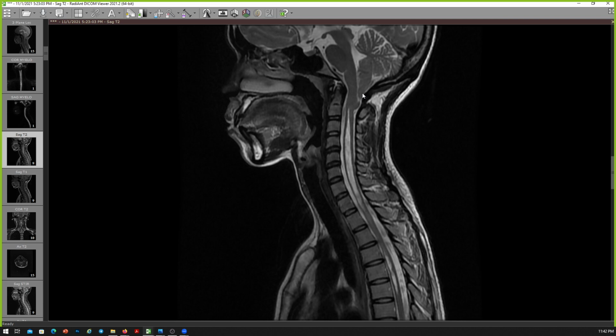Regarding the cervical cord, I can see multiple longitudinal areas of hyperintensity within the cord. So it's likely syrinx. Otherwise, I cannot appreciate evidence of cervical spine fusion to suggest associated Klippel-Feil anomaly.